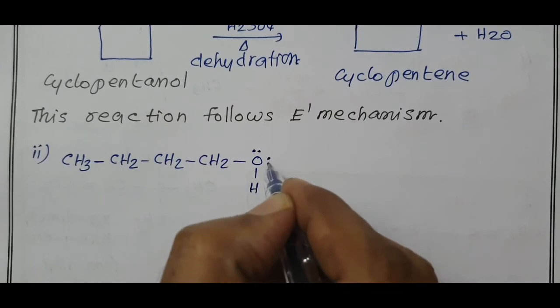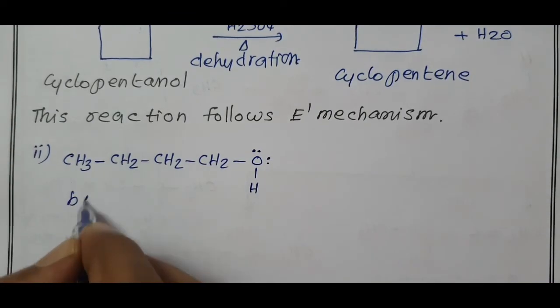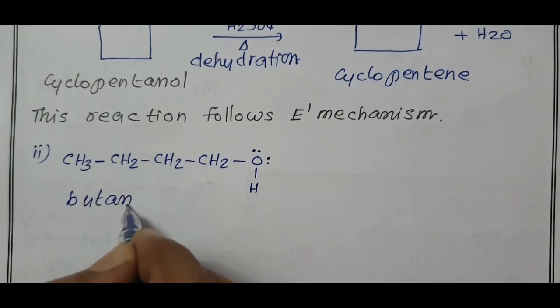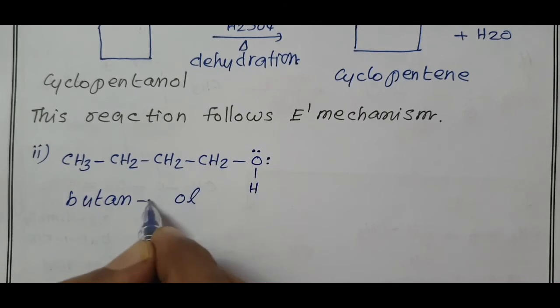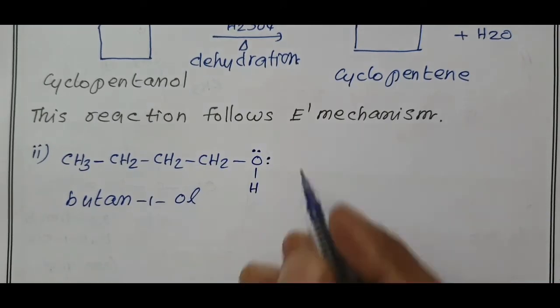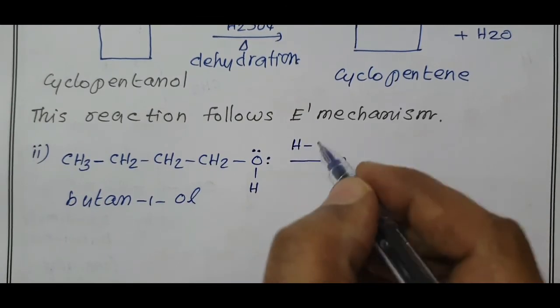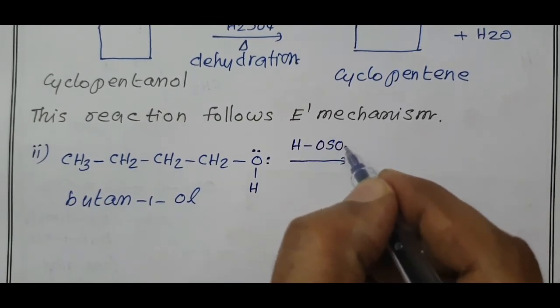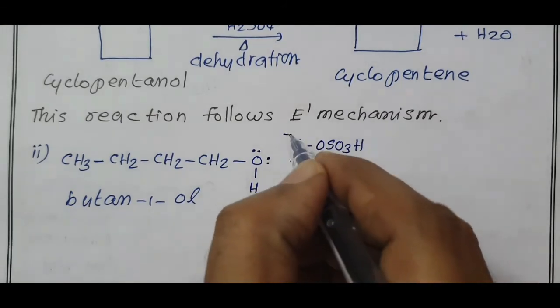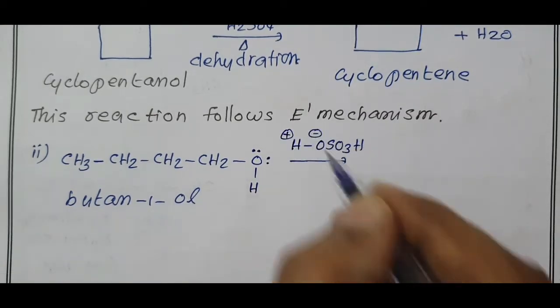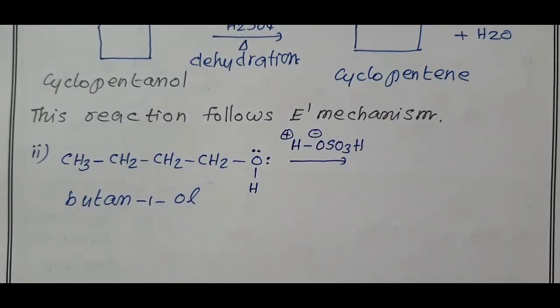Oxygen has 2 pairs of electrons. 4 carbon butane, single bond, n, OH, position of OH is 1. First when treated with concentrated sulfuric acid, HOSO3H, H plus and HSO4 minus, bisulfate ion.